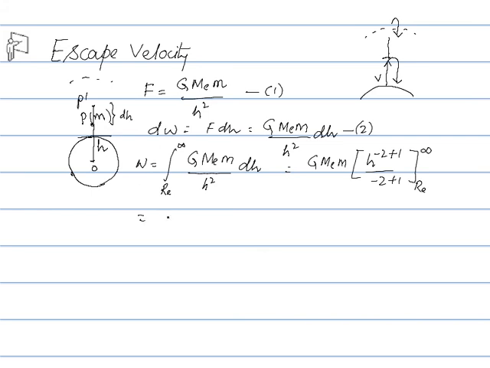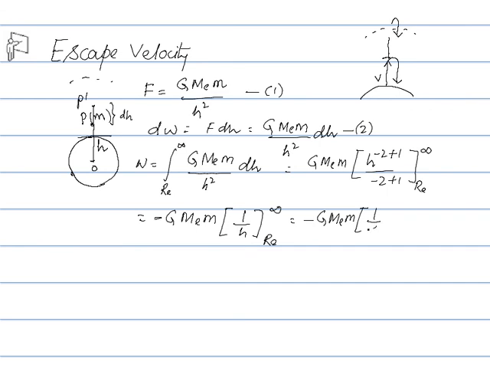So this work is G M_e m, minus 1 by h, from the radius of Earth to infinity.